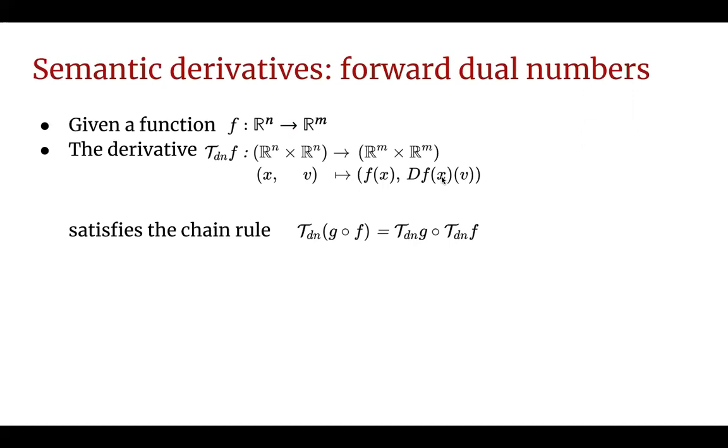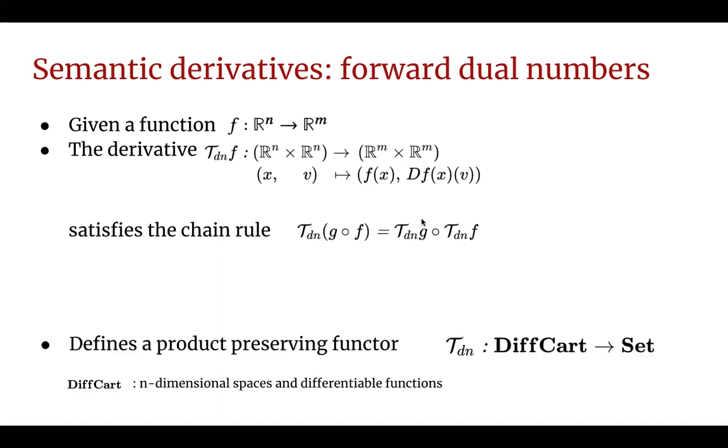Right, and if we implement these forward derivatives in this way, we see that they satisfy a chain rule that's very simple. That's precisely what we had implemented in code. Namely, the forward derivative of g composed with f is the forward derivative of g composed with the forward derivative of f. And we might notice that this is a functoriality, right?